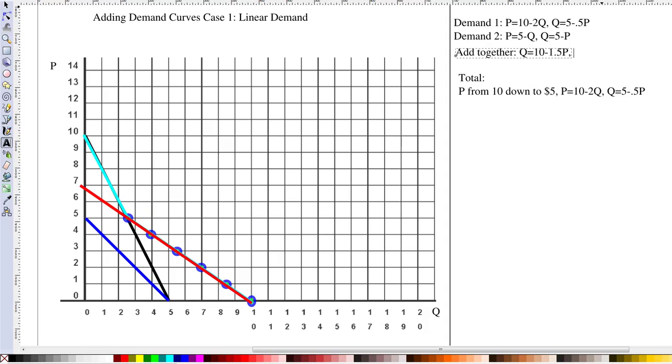So for P at $5 and below, the demand function is going to be Q equals 10 minus 1.5 times P, or if your textbook prefers, or if you need to write it the other way, just solve that for P and you get the 6.67 minus 0.667 times Q. So that's how you add two linear demand functions together.